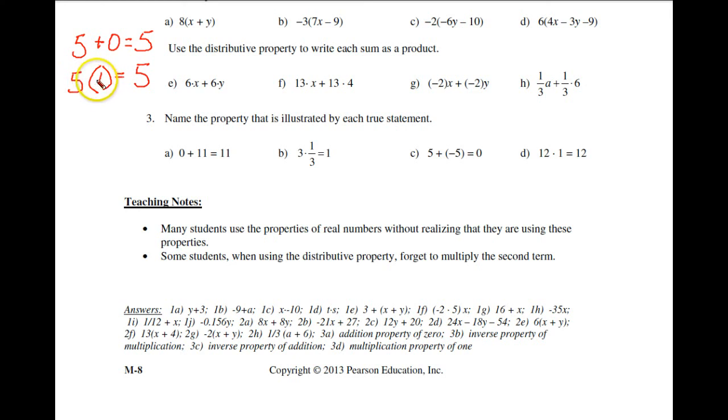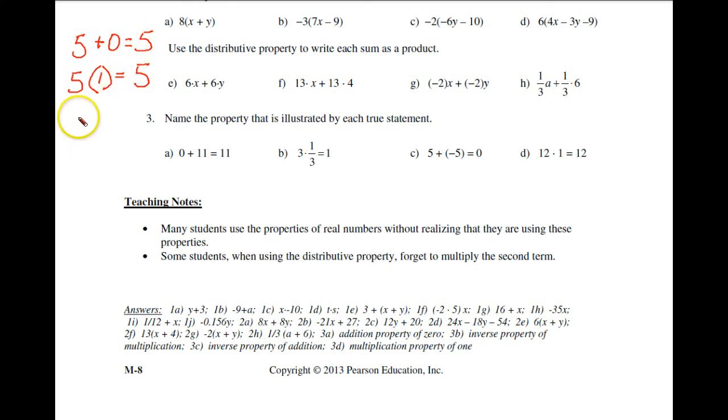We can multiply anything by 1 and not change its value. That was the skill we used in making equivalent fractions, multiplying it by 1, but we chose different forms of 1. 2 over 2, 3 over 3, 12 over 12, and that's the identity property of multiplication. Identity property of addition.